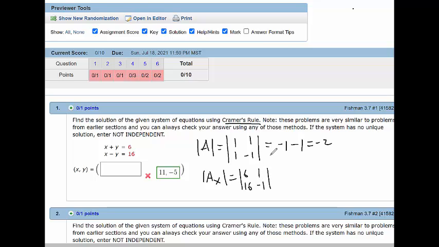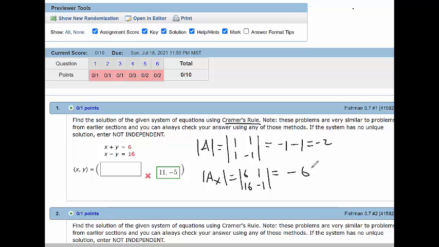Did you understand? That is Cramer's rule. So Cramer's rule is saying that first you take the main coefficient as matrix A. When you are saying x, your x column, 1, 1, will be replaced by the right hand side column, 6, 16. So what is the value of this?